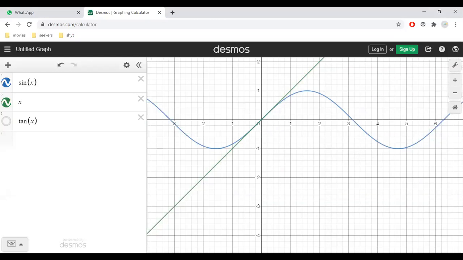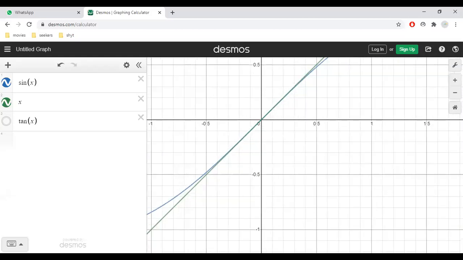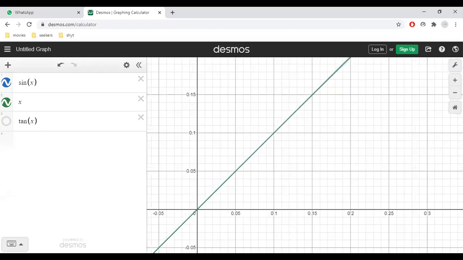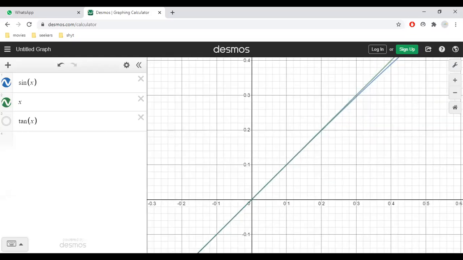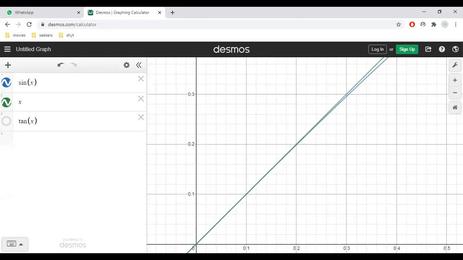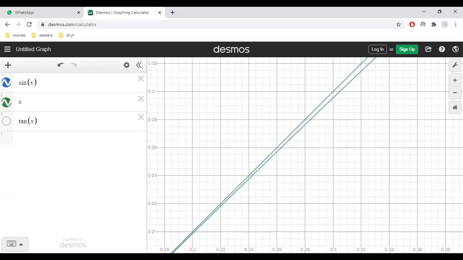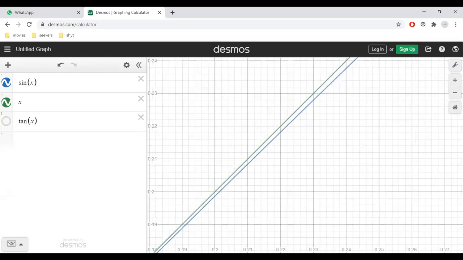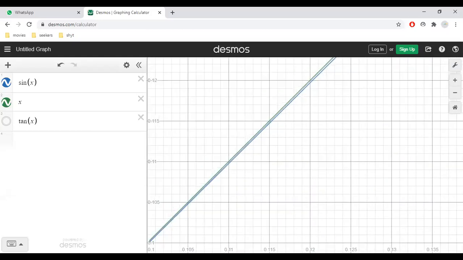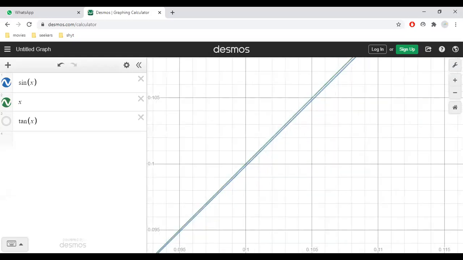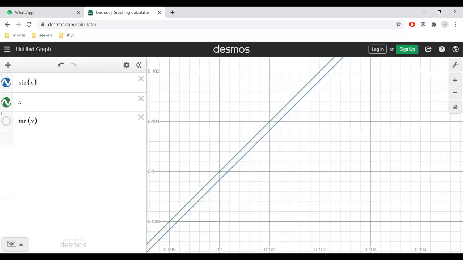But as we zoom in, the blue one is sin x, and we will always see that sin x is below x. Sin x is always below x.